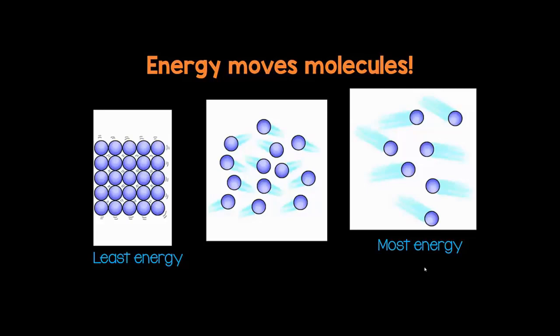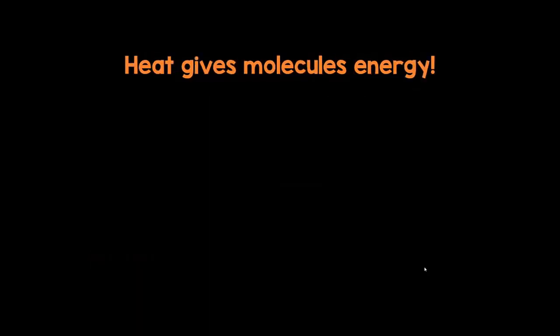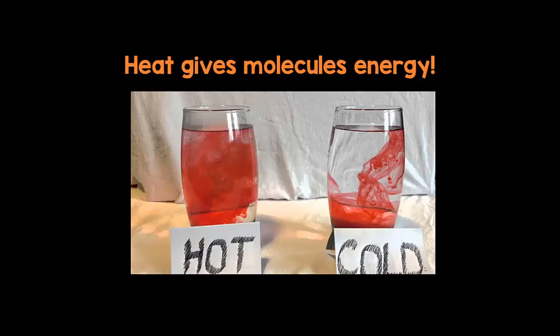So changing states of matter is all about changing energy levels, and heat energy is what gives molecules their energy. So the more heat energy that molecules receive, the faster they will move. And you saw that in the demonstration with the different temperatures of water and the food coloring.